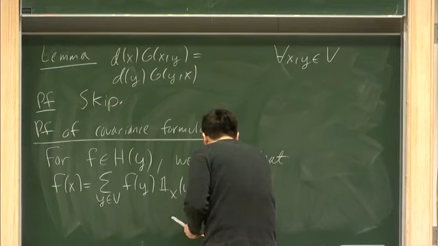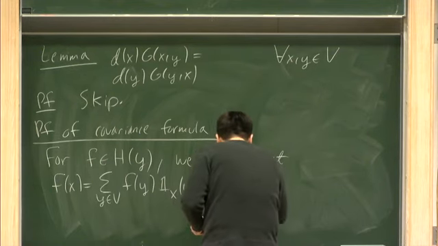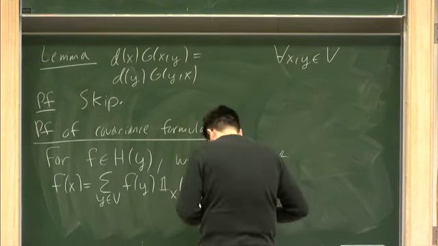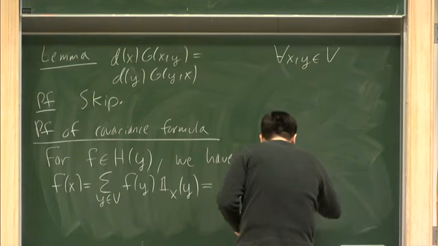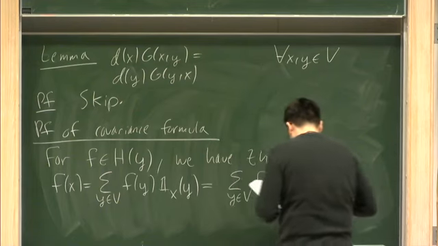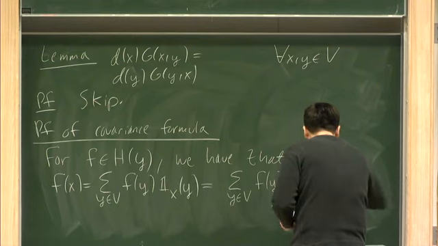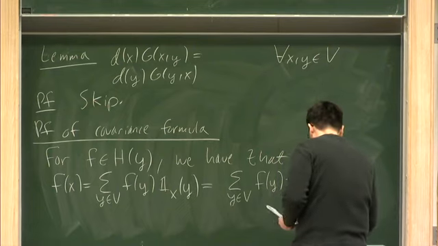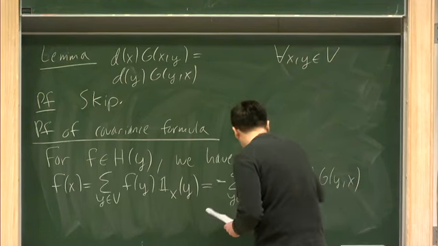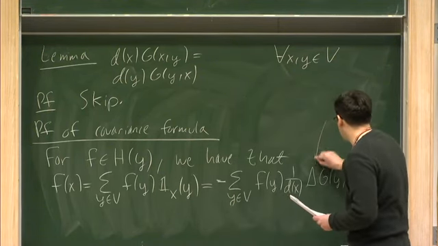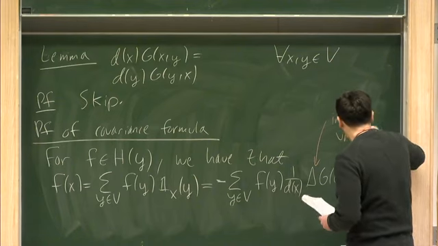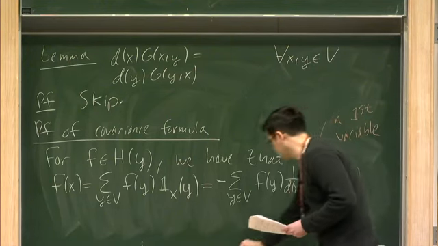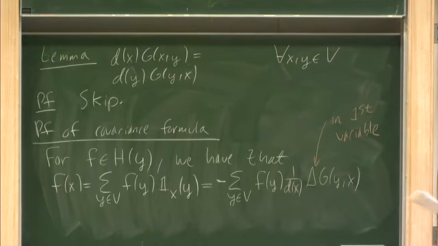And this is the same thing as the sum over all y in v of f of y times 1 over d of x, and then I have the Laplacian of g of yx, and I'll put a minus in front. And here, as before, this is in the first variable. Okay, so this is one way of writing the value of the function f at x.